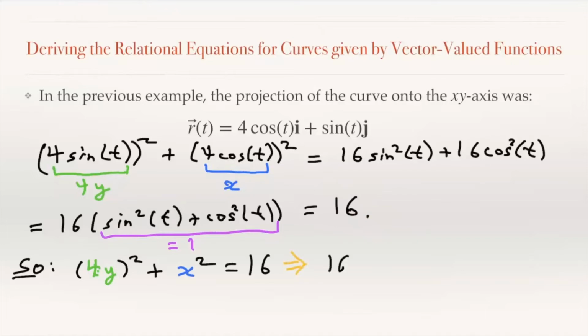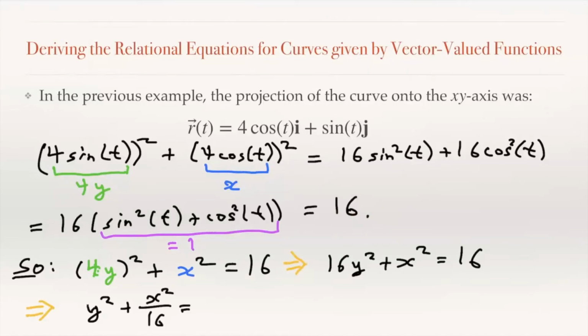So that means that 16y squared plus x squared is 16. And dividing both sides by 16, that means that y squared plus x squared over 16 is 1. And writing that in our more standard form of an ellipse, that is x squared over 4 squared plus y squared over 1 squared is 1.